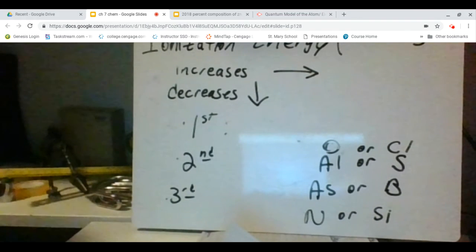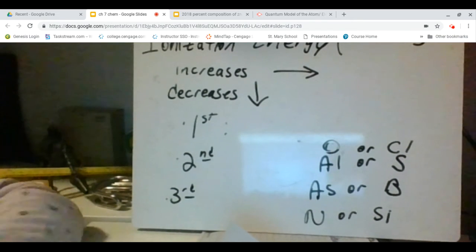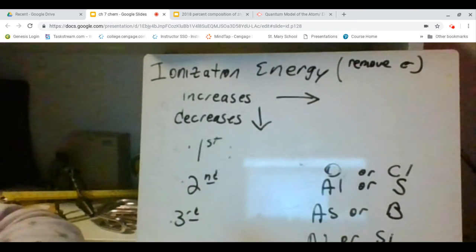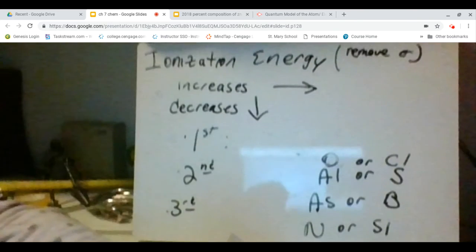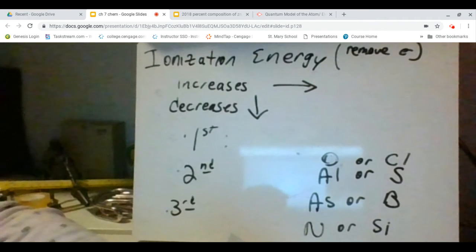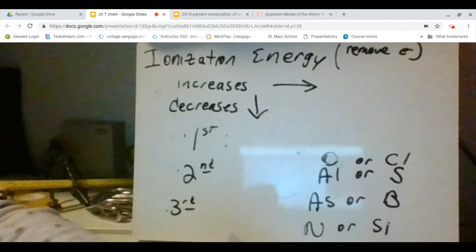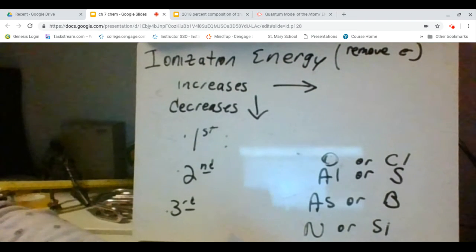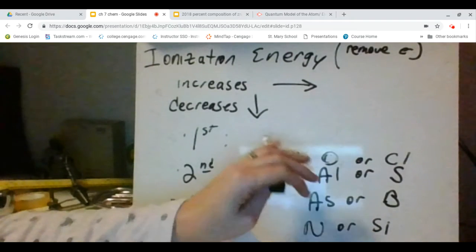Okay, guys. So for the ionization energy, let's do some example problems. And again, just to review, ionization energy is the energy required to remove an electron. It generally increases as you move from left to right and decreases as you move down. You do have a first ionization energy, which is generally the least energy to remove an electron.